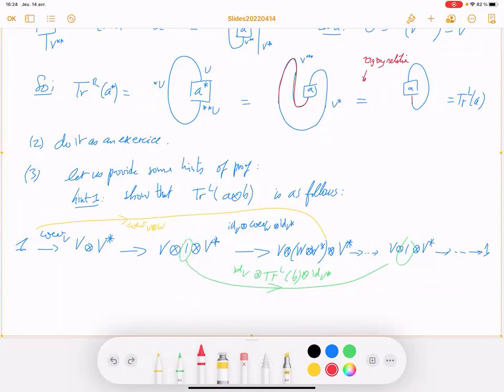And then you finish, here you started the left trace of A, and you finish it here. And the point is here to show that this is exactly equal to that.